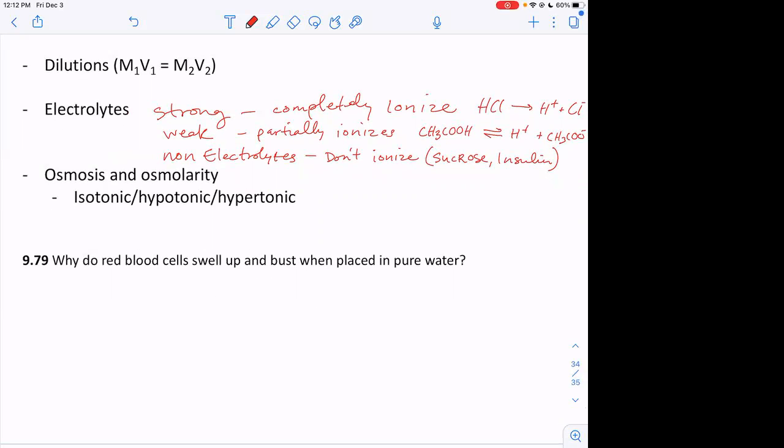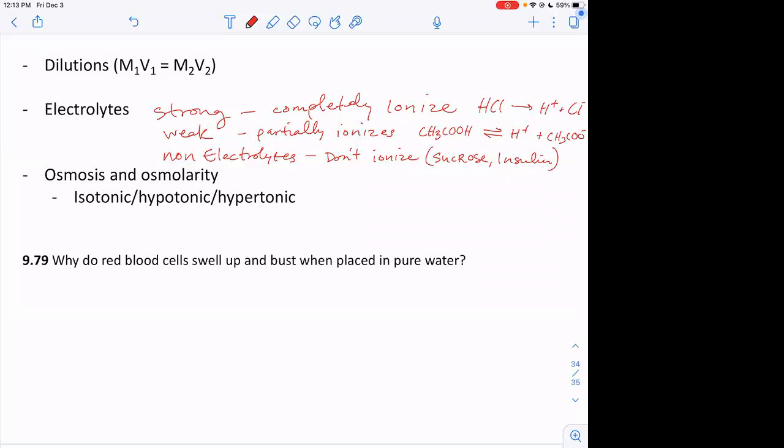Osmosis and osmolarity. The biggest thing there is we talked about a gradient. Okay. We said osmosis happens because there are gradients, where you have a high concentration of your solute and a low concentration of your solute separated by a semi-permeable membrane. And we said it is the movement of solvent that works to create isotonic solutions. Anybody remember what the word isotonic means?